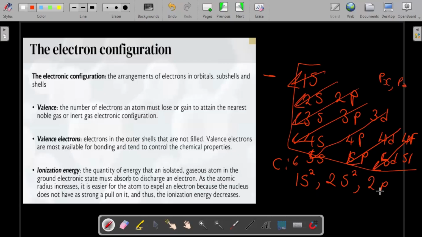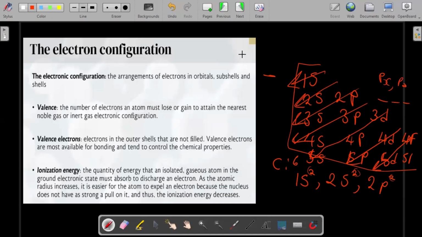Each orbital can occupy 2 electrons, so we have 2 electrons remaining from the 6, because 2 plus 2 plus 2 is 6. So this is the electron configuration for carbon.